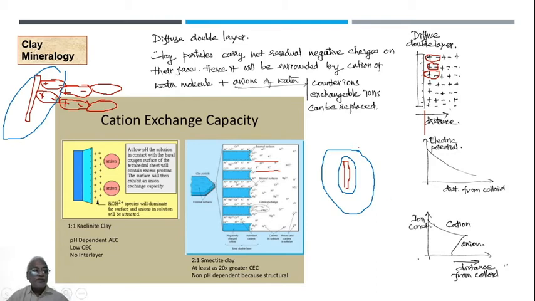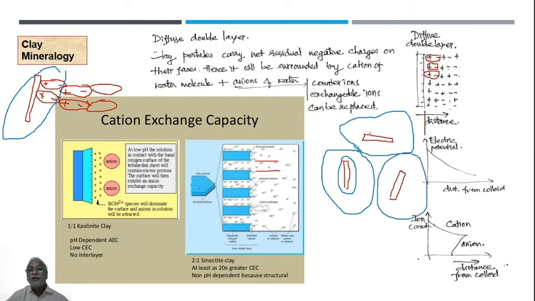Now let us say there is one more clay particle, and it will have its own water layer attracted towards it. This will have its own water layer around it, and this will have its own water layer around it.